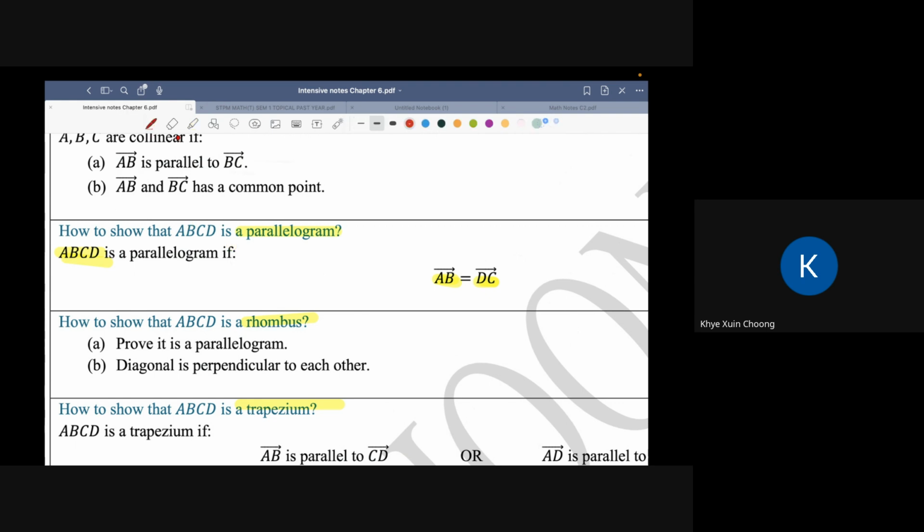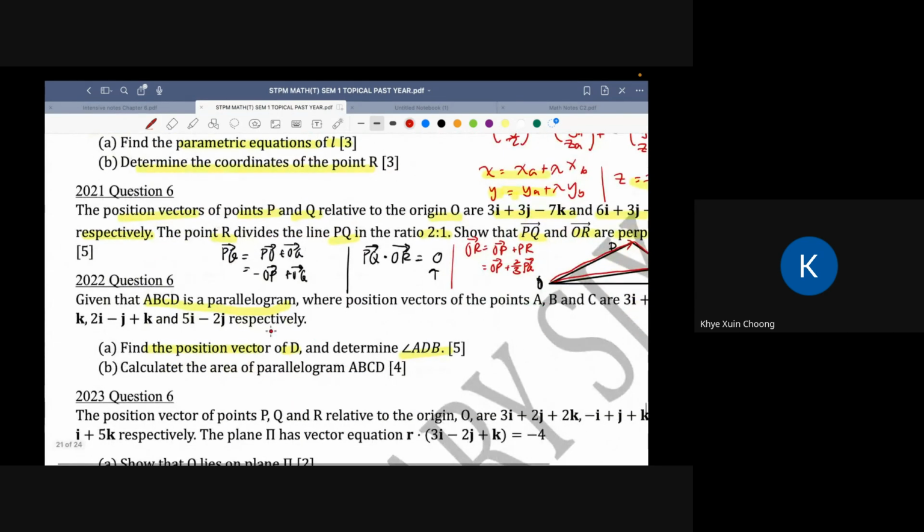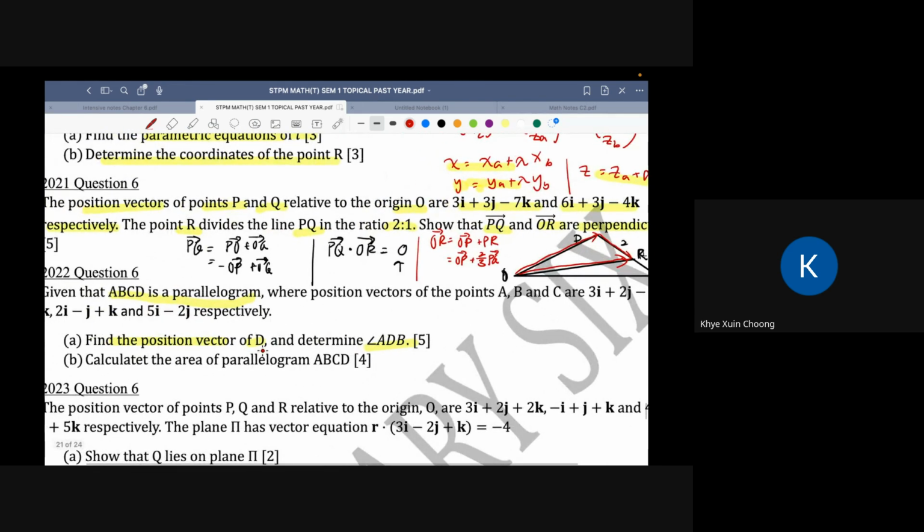This is for a parallelogram. A parallelogram is something like this: A, B, C, D. Since both of them are parallel, vector AB should equal vector DC. So for this question, if you want to find the position vector of D, you first let the position vector of D be unknown. You know that AB should equal DC.